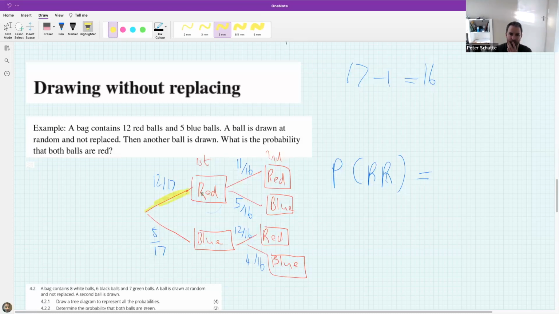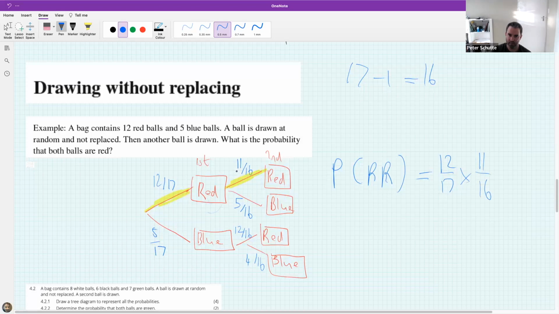So for me, the pathway has to be red and then red. So we get 12 out of 17 times by 11 over 16.